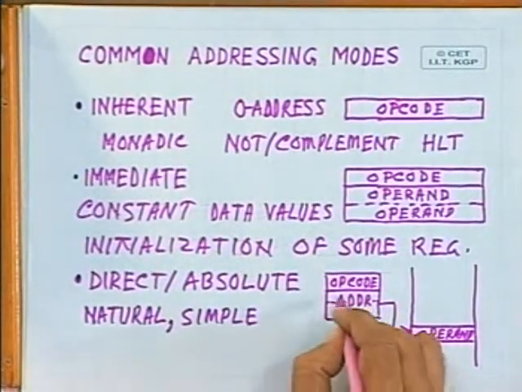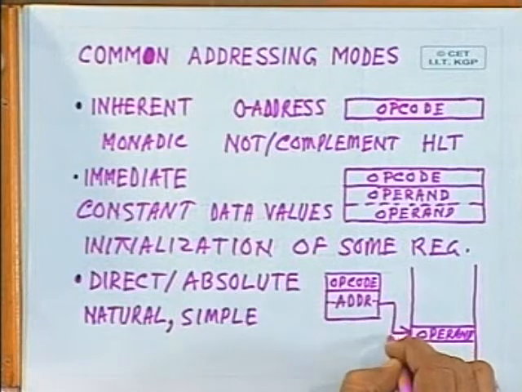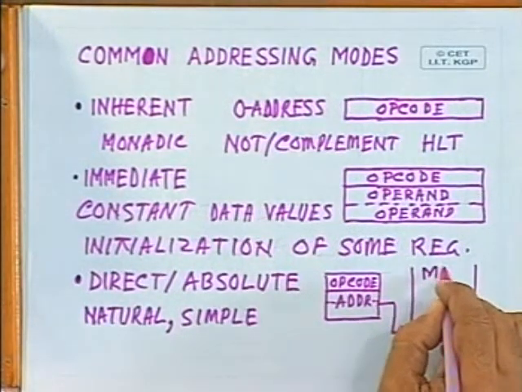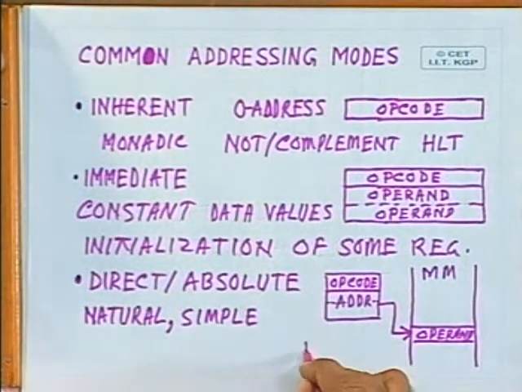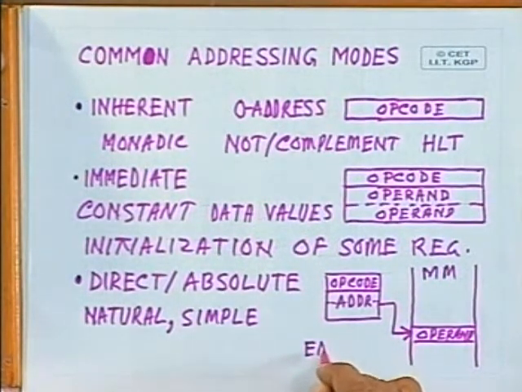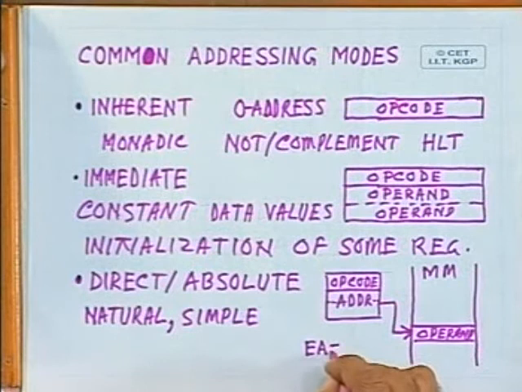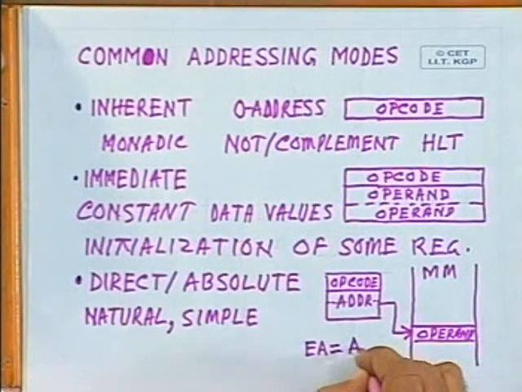That means the address which is used to get the operand from the main memory, the effective address, is a term which is used for pointing to the operand. So, here effective address is the address which is provided as part of the instruction.